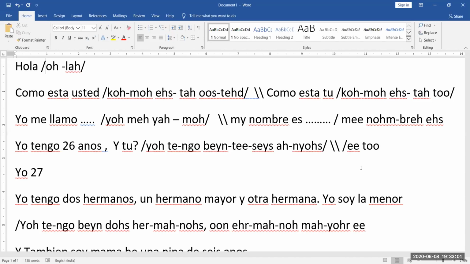Okay. So the first thing that they started with was a greeting. They said hola, and over here you have the phonetic way on how you pronounce the word exactly. This is the Spanish way. However, if you see the international way, they say it O-L-A, hola.